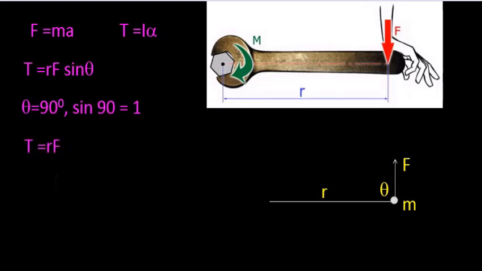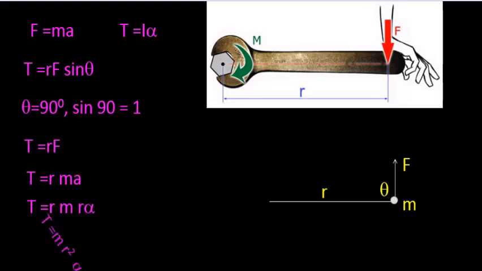But we know force equals mass into acceleration. Therefore, if we put F = ma, we get this equation. Again, we know the relation between linear acceleration and angular acceleration: a = R alpha. If we put that in, we get this equation. We have kept a = R into alpha, so we get this equation. Here R into R becomes R square.